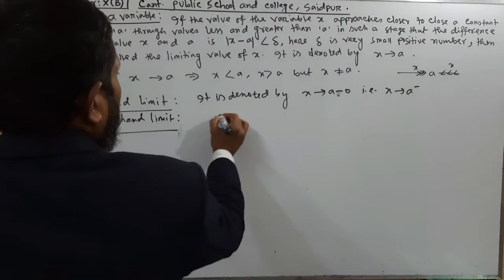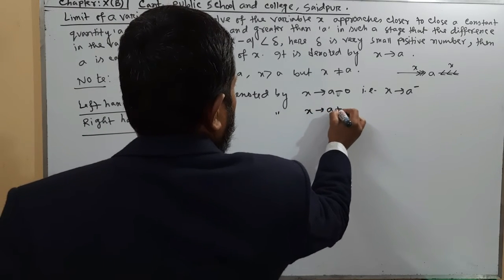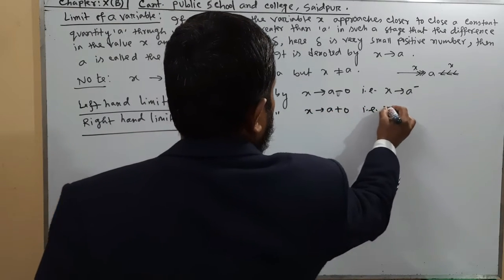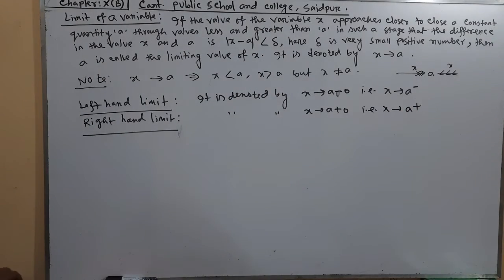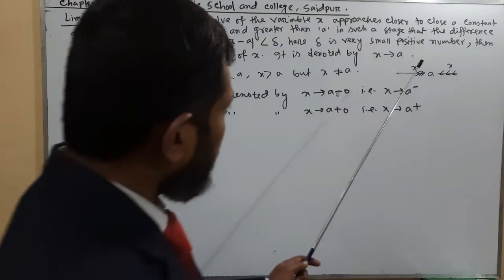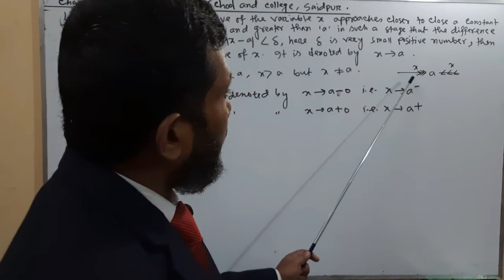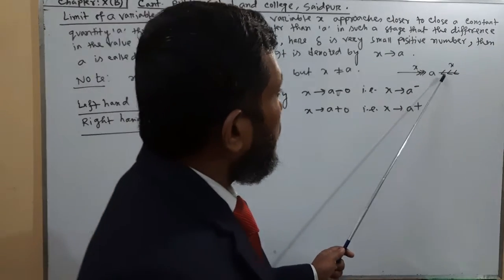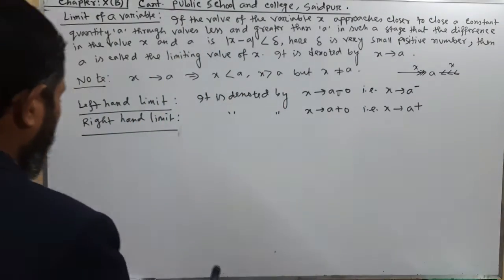It is denoted by x tends to a plus 0. Here the value of x which is less than a is the left hand limit, and the value which is greater than a is the right hand limit.